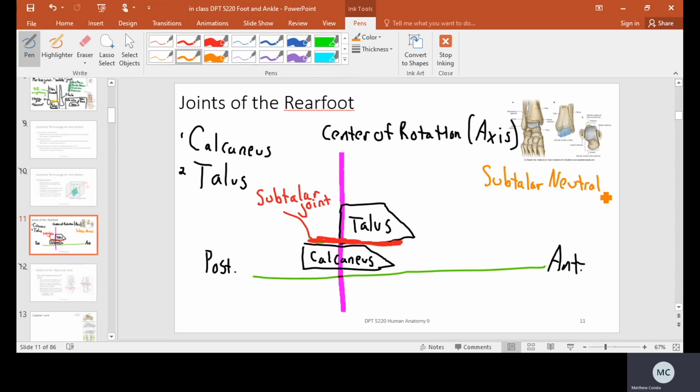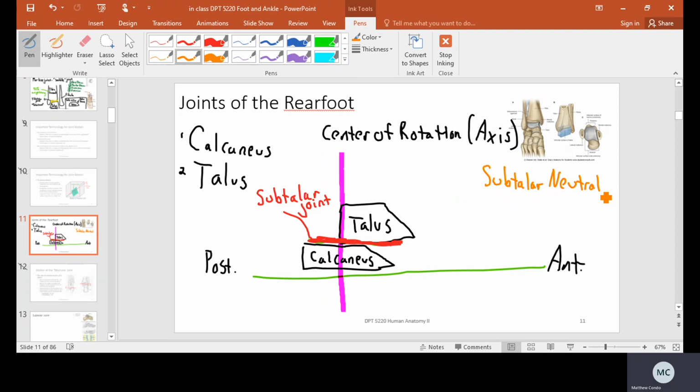Who knows? So essentially what subtalar neutral is, and you're going to hear this a lot when casting for orthotics, and there are still a lot of PTs out there that cast for orthotics. Essentially they're trying to place the talus so that it does not have any inversion or eversion, so it is in an essentially neutral position.